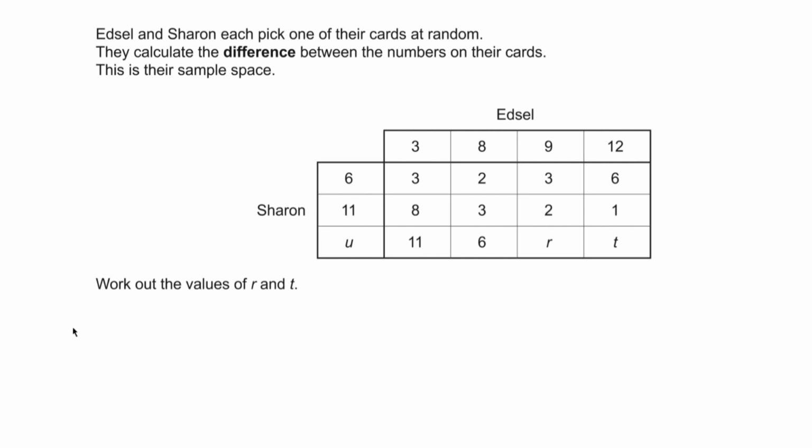So I've got U take away 3, which is 11. So therefore, U equals 14. So I've got U, which is 14.